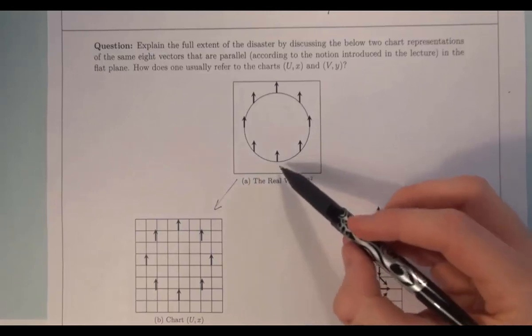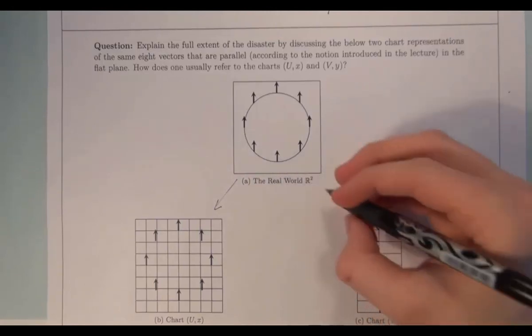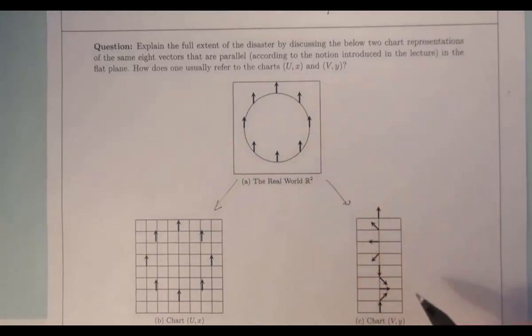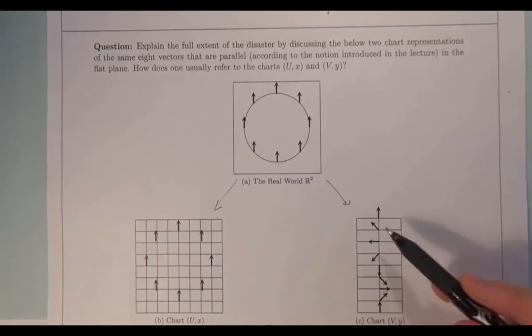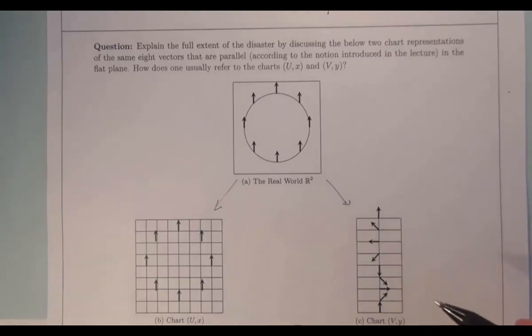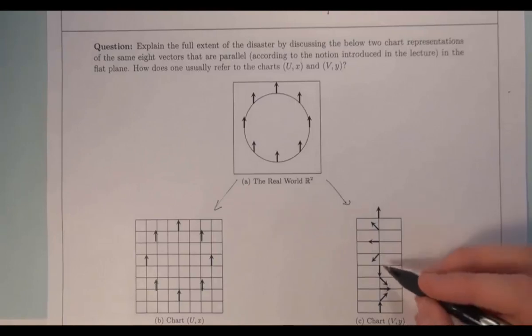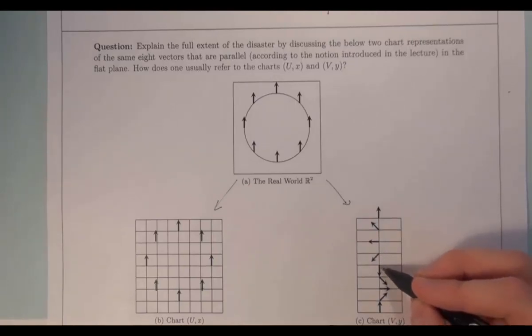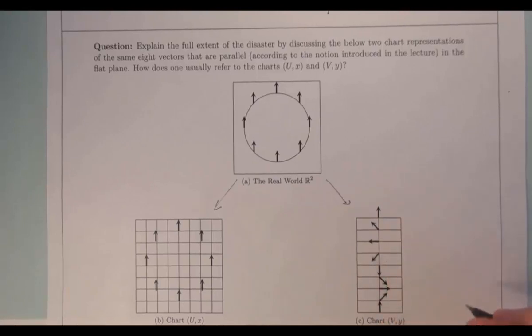However, if we now look at R2 from our polar coordinate chart, this looks totally different. So we see that these parallel vectors get mapped to vectors that Hänschen would never ever declare parallel. So the components of this vector here are definitely different from components of this vector.